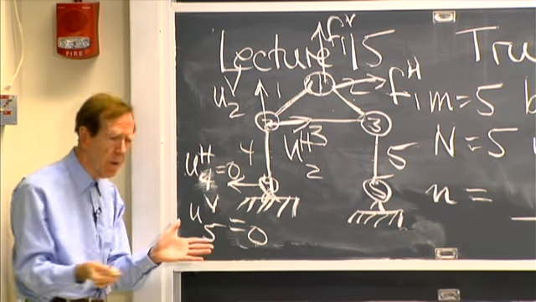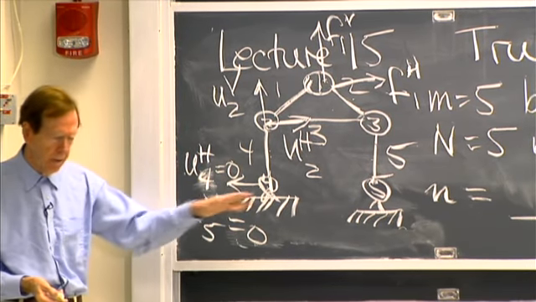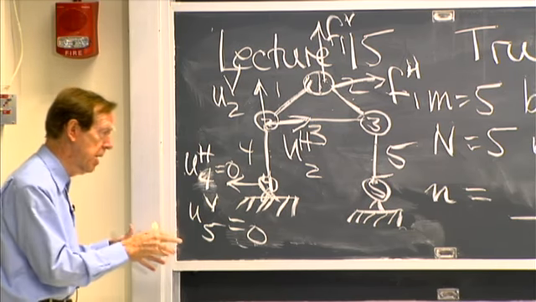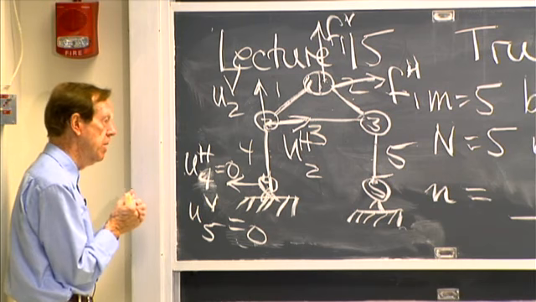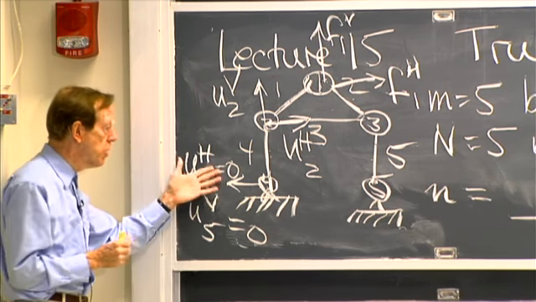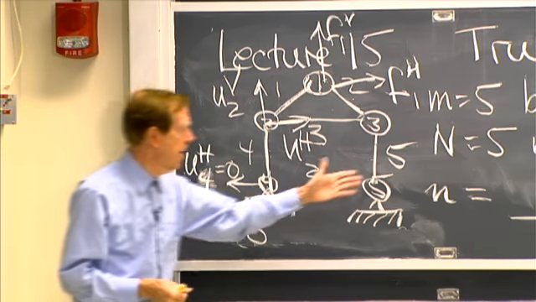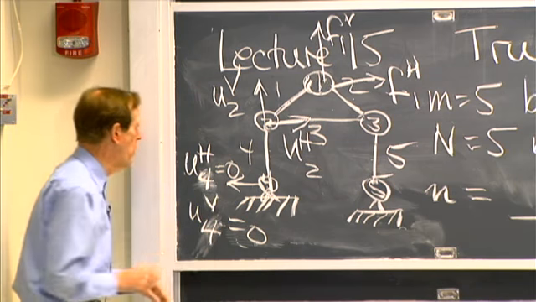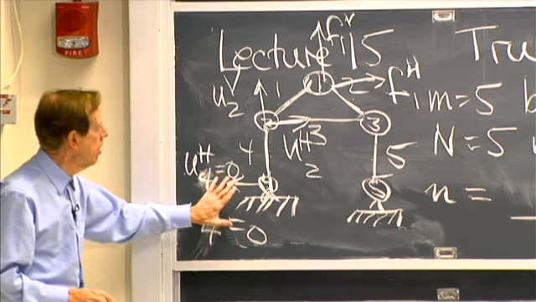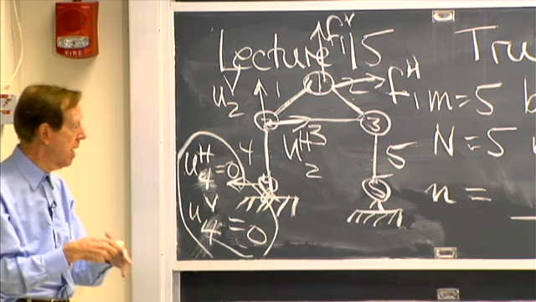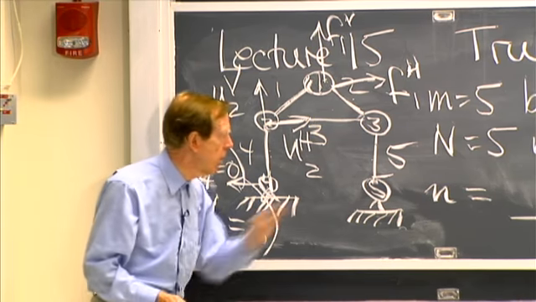Sorry, I'm still saying 5 when I mean 4. It's like grounding a node in the electrical case. We see this pattern over and over, and we want to see what it looks like for trusses. So here's a support that fixes those. Those are not unknowns, and similarly they're not unknowns there. Those are boundary conditions, end conditions, whatever.